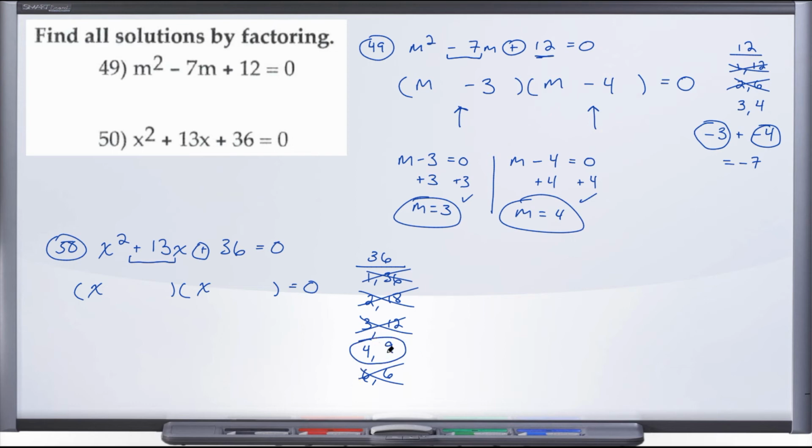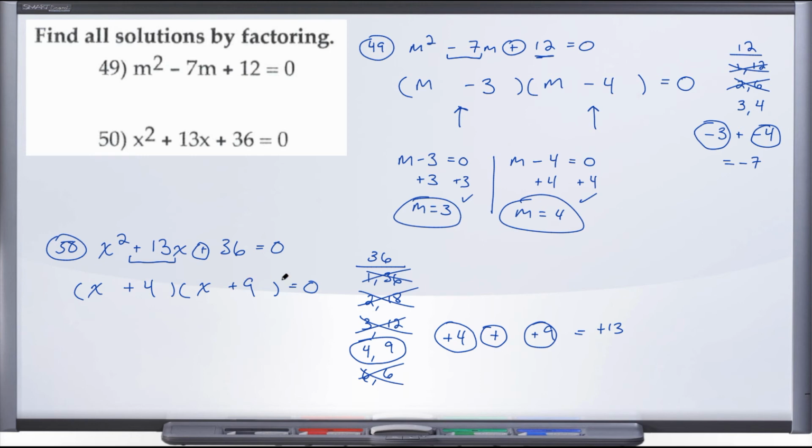And if we want our factors to add up to positive 13, what does the sign of each have to be? Well, a positive 4, and then plus because the last sign was a plus, and then a positive 9 does give us what? A positive 13. So we had a plus 4, so plus 4. We had a plus 9, so plus 9.